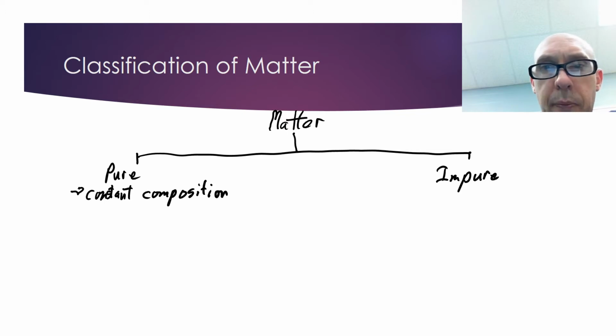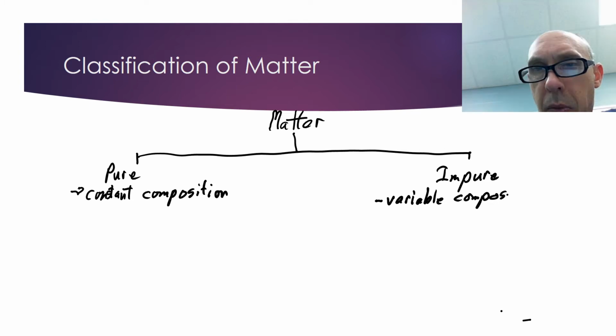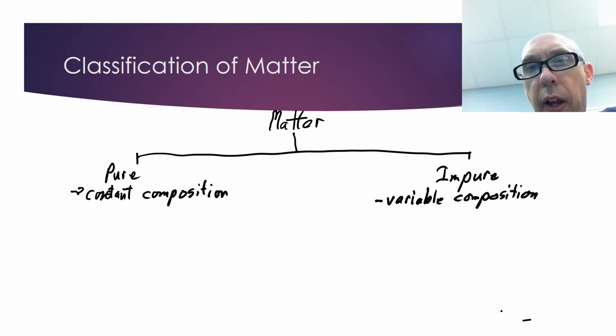It is fixed. Whereas impure, it's variable composition. So if the materials can come in different proportions, then it's variable and impure. If you have no say as to what the proportions of things are, then it's constant, proportional, pure.